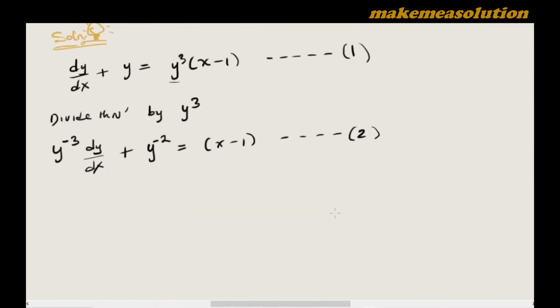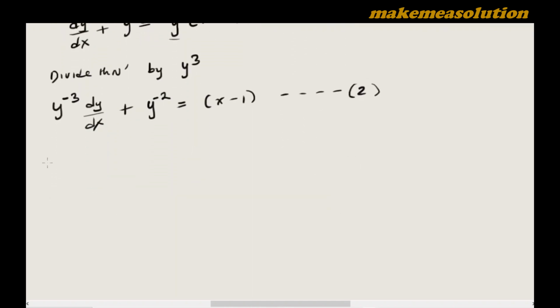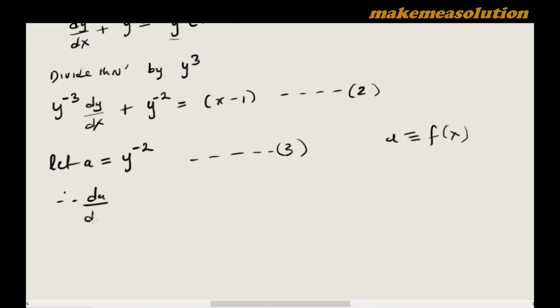So which variable are we going to use to substitute in this case? So let's use a. So you now say let a be equal to y to the power of minus 2. Okay, equation 3. And of course a is a function of x. So you're going to obtain da dx, and to obtain da dx you need to remember your chain rule.